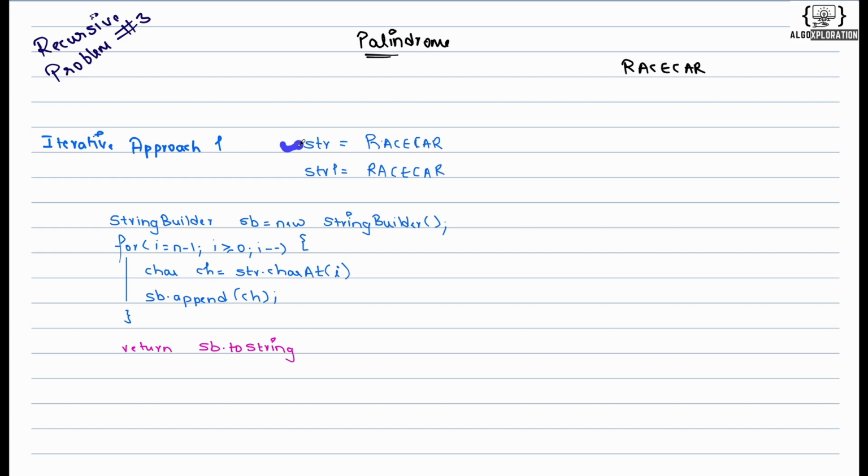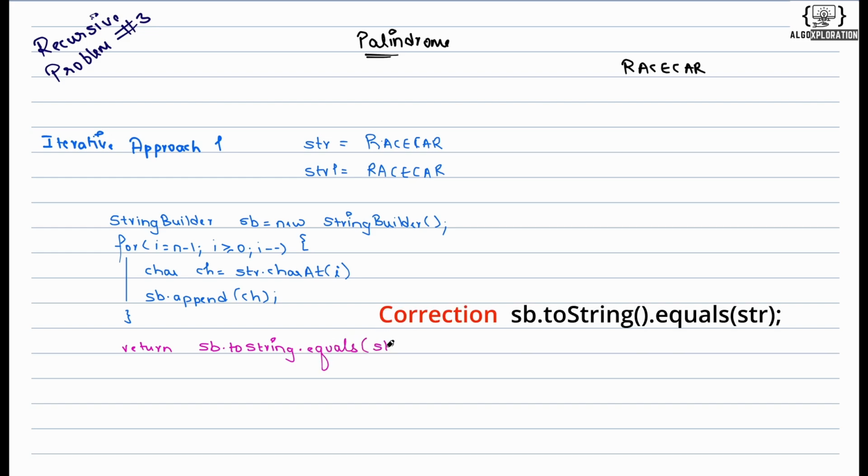The str is actually a string, but sb is a StringBuilder, which is not a string, so I will convert this sb to a string with toString. The method equals will return true if they are equal, otherwise false. So in this way we can solve this problem using the first iterative approach.